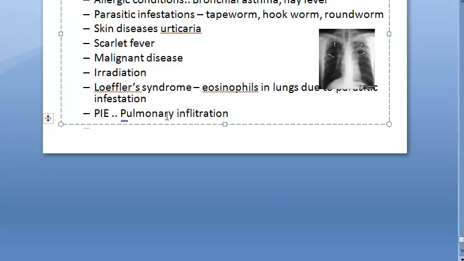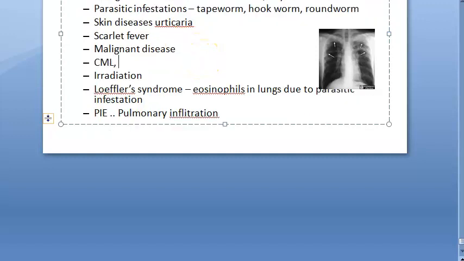Tropical eosinophilia, hemopoietic diseases like CML, polycythemia vera, pernicious anemia. Pernicious anemia is where the RBC count reduces, because intrinsic factor is less.